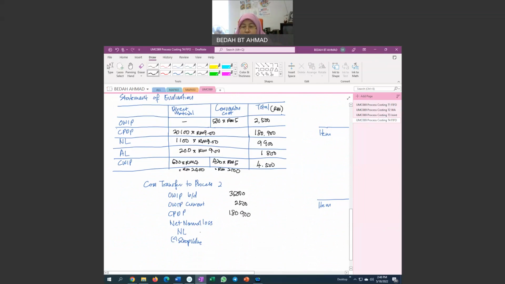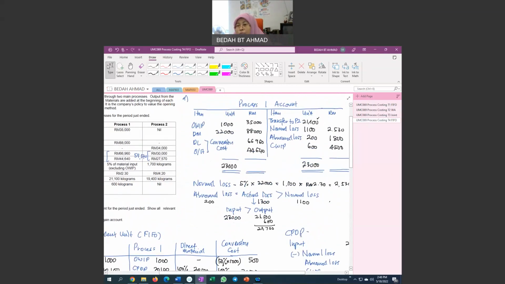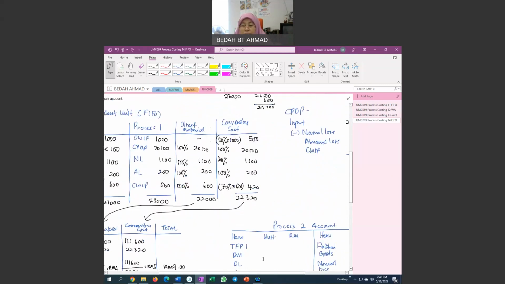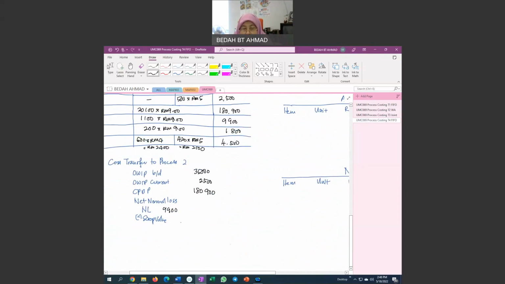Net normal loss: the normal loss is 9,900 less the scrap value, which is from our process 1 account. The scrap value here is 2,530.